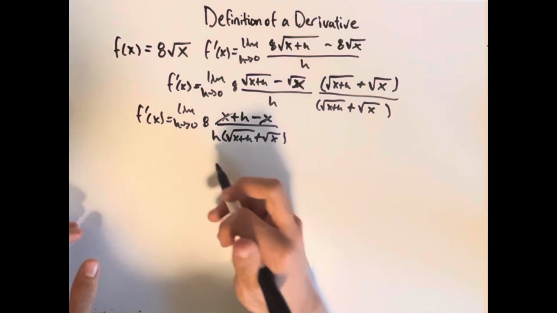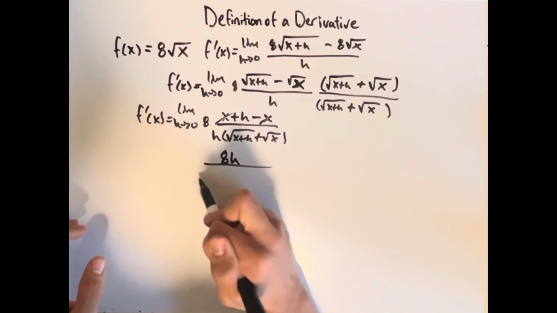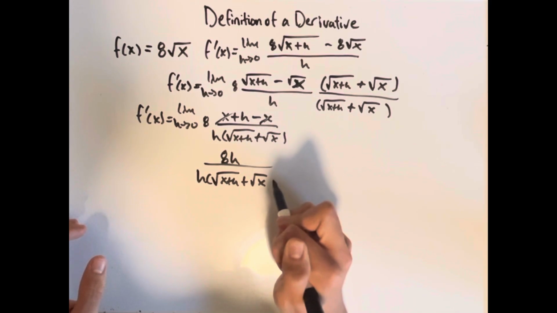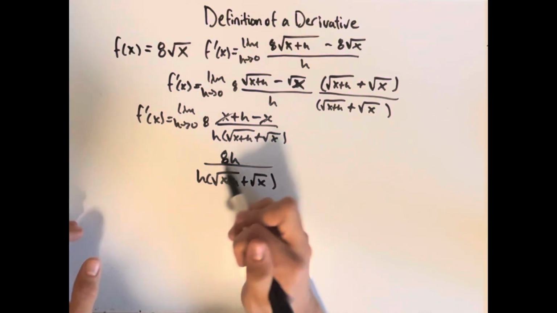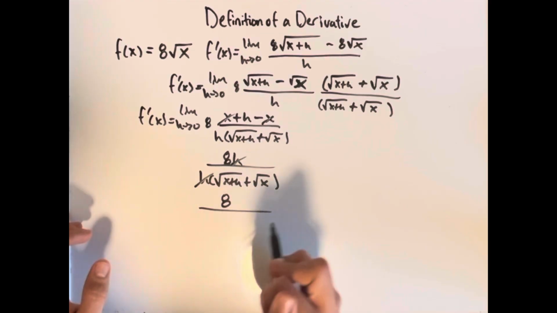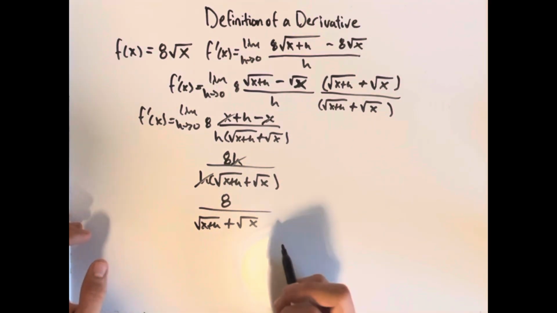So now that they cancel, we can multiply back by this 8. We have an 8h over h times the square root of x plus h plus square root x. And we can see here they're both multiplying, so you can cancel. So we'll be left with 8 over the square root of x plus h plus square root x.